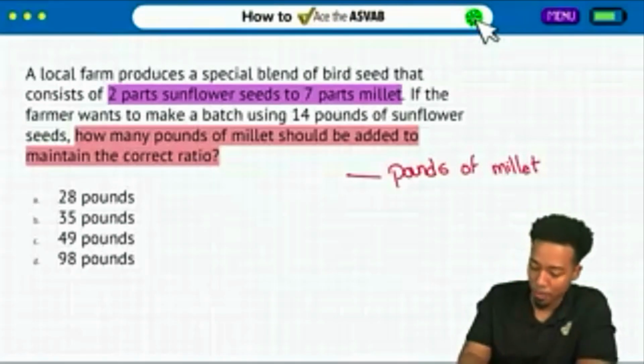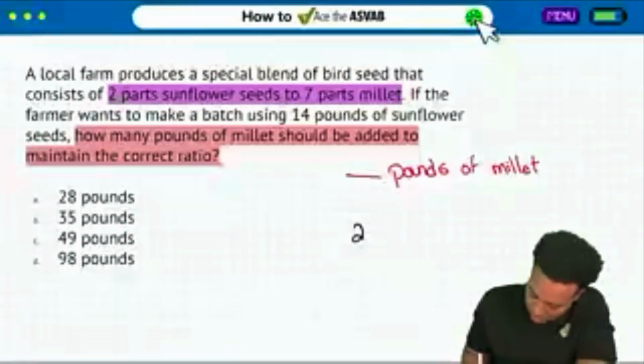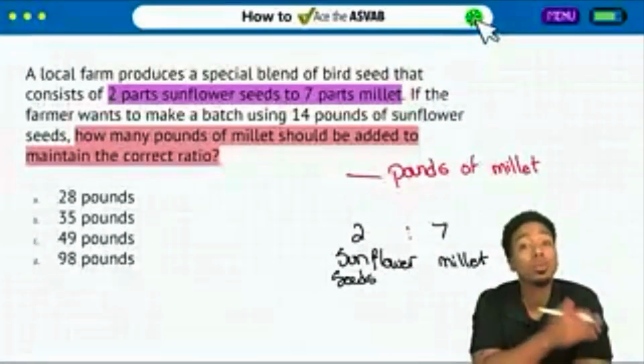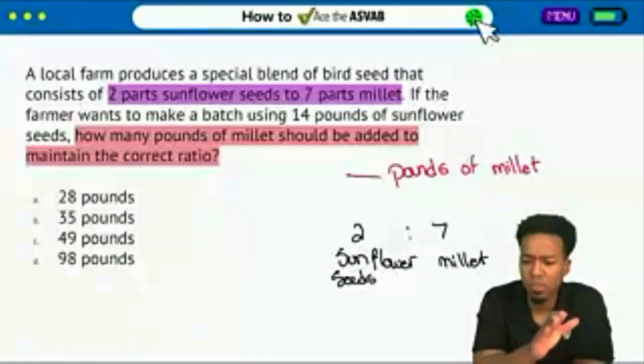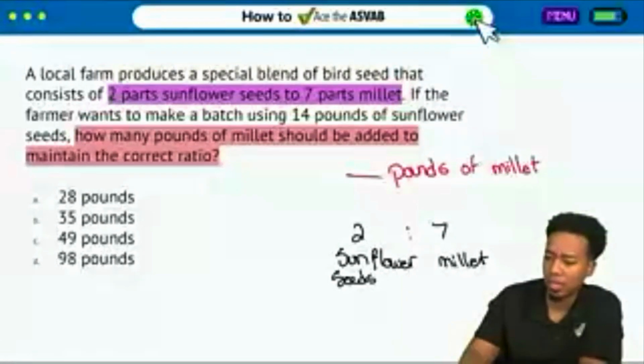So with that, my party people, we can go ahead and say 2 parts sunflower seeds to 7 parts millet. Are we good with writing that piece of information down, everybody? I wrote it down correctly, right? 2 represents sunflower seeds, 7 represents the millet.